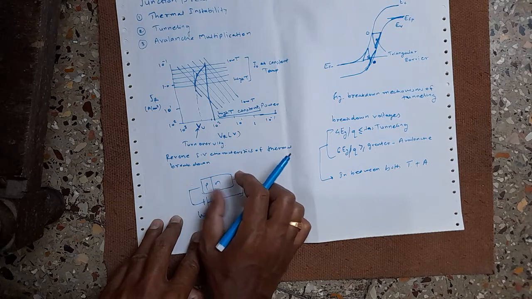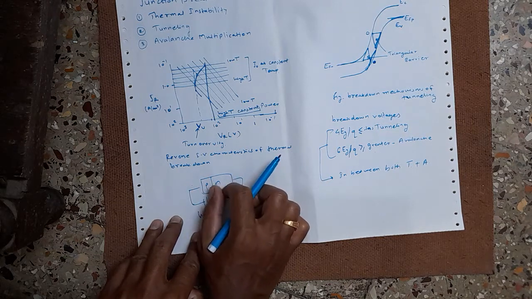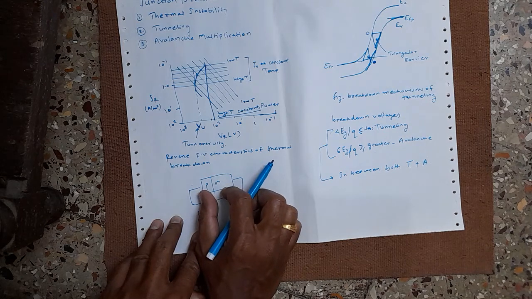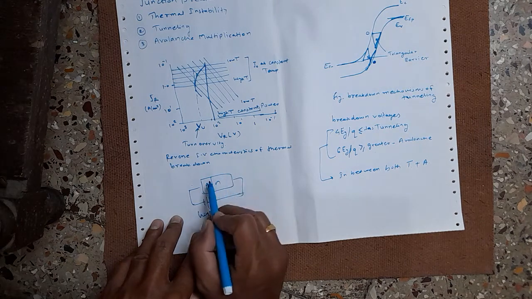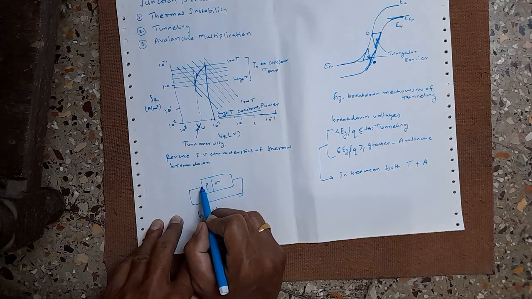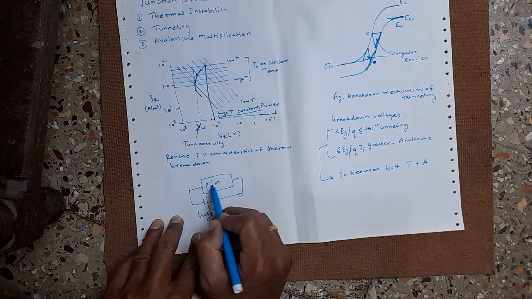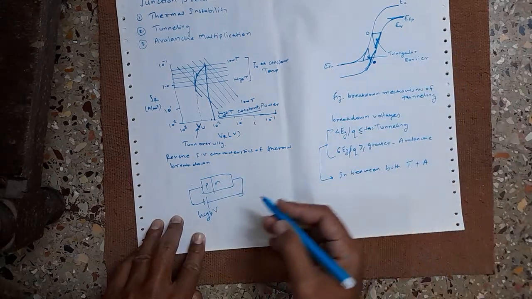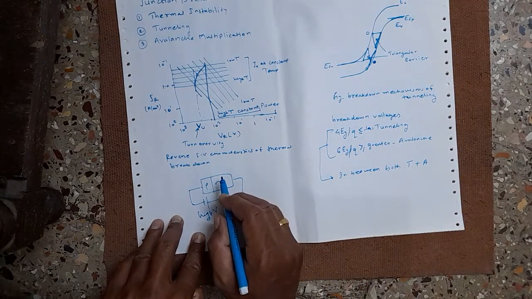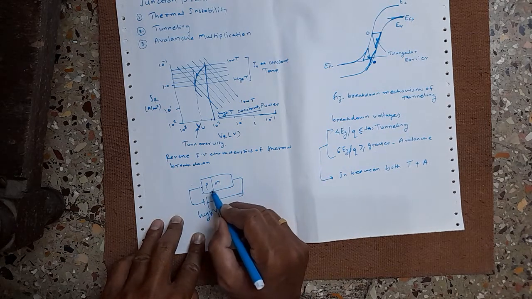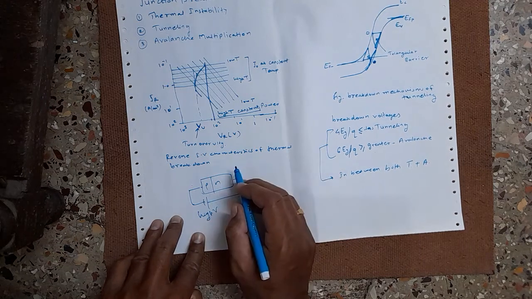For the junction breakdown, as the depletion layer width goes on increasing and touches the end of either of the regions, it starts conducting very heavily. Now, when this high voltage is applied, the junction temperature increases.